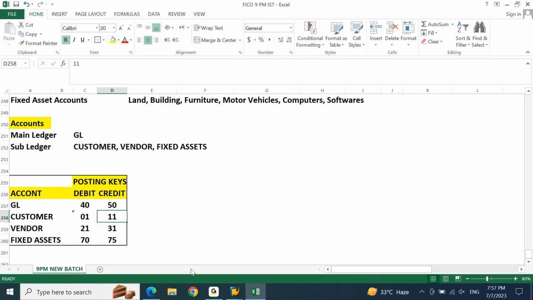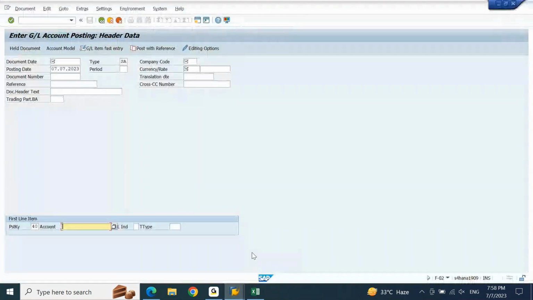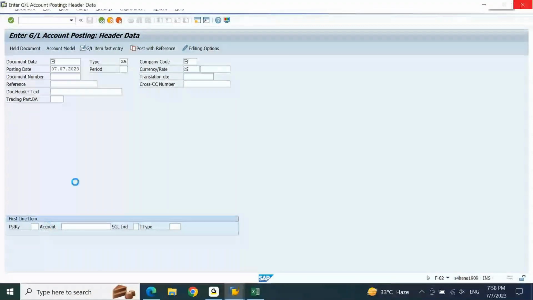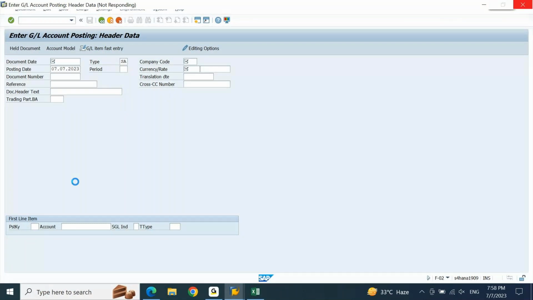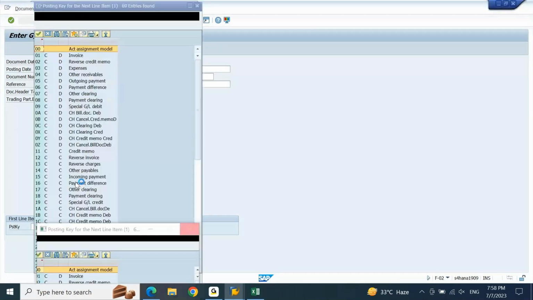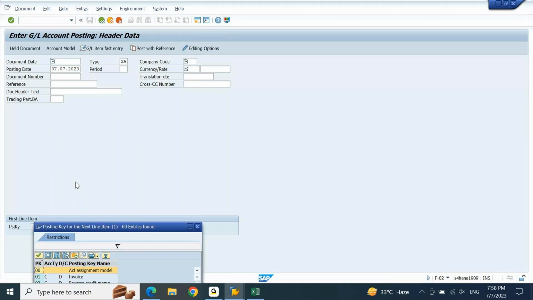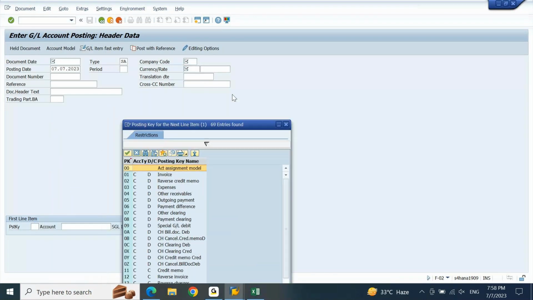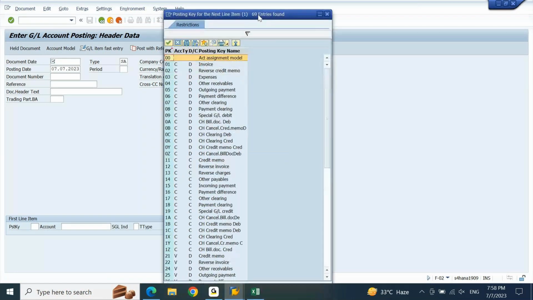If you look at this posting key list, I'll open the drop down for the posting key. Okay, this is the posting key list in SAP.